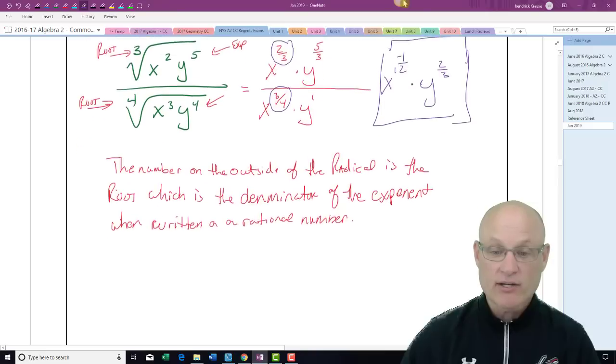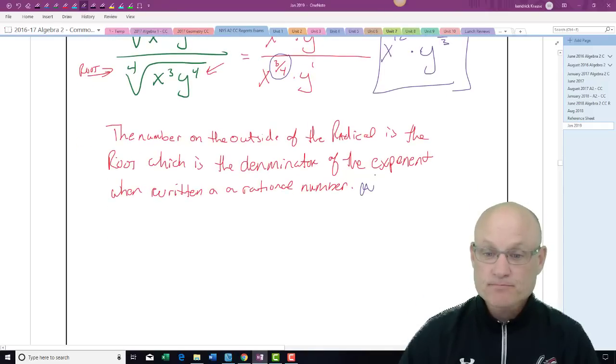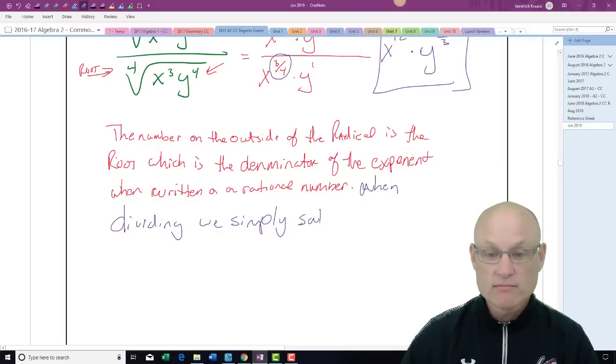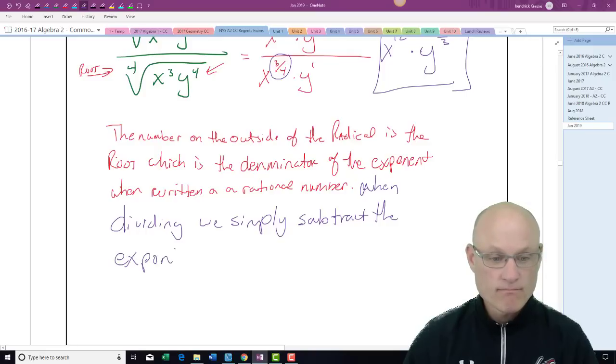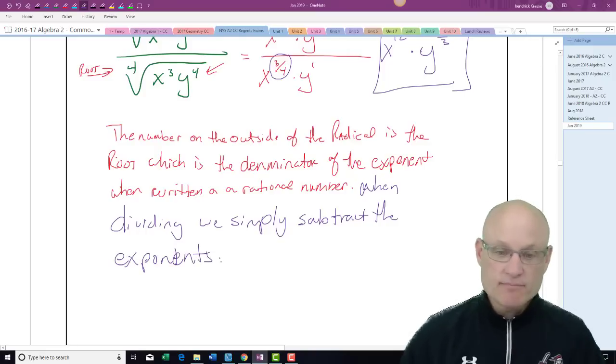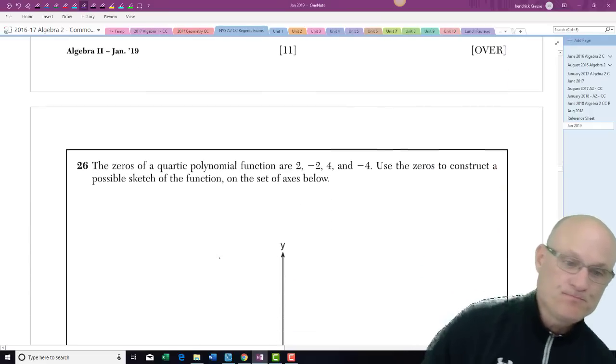Now I got to do this. When dividing, we simply subtract the exponents. Sorry about that. All right, that's it. That's all that problem has to do.